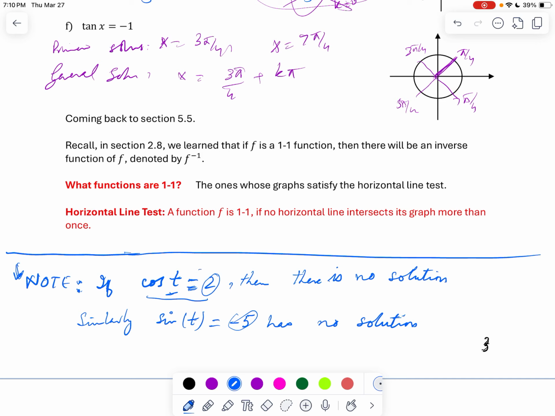Recall in section 2.8, we learned that if a function is a one-to-one function, then there will be an inverse function of f, and we denote it by this symbol, and we read it as f inverse, or inverse function of f.